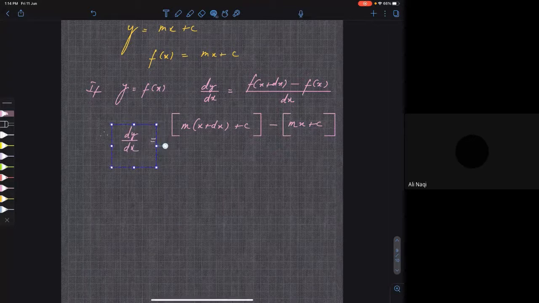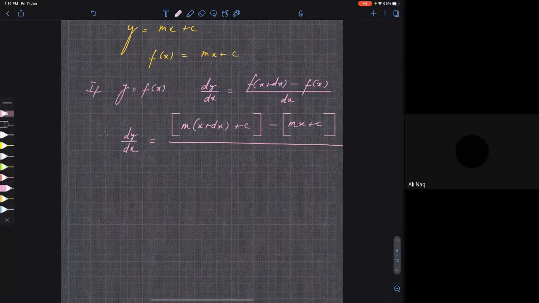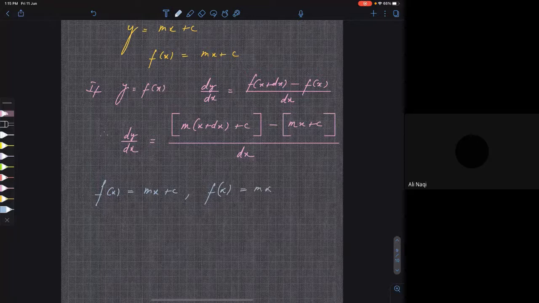See, f of x is mx plus c, right? Here, f of alpha: f of x is mx plus c, therefore f of alpha is m alpha plus c. Do you agree?